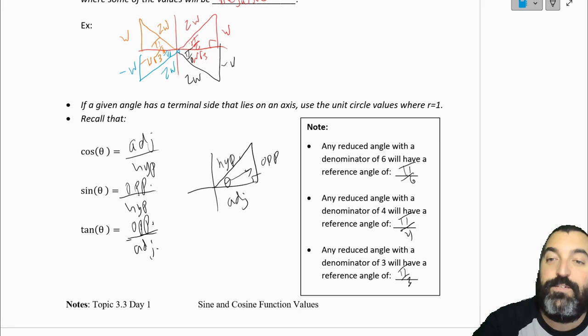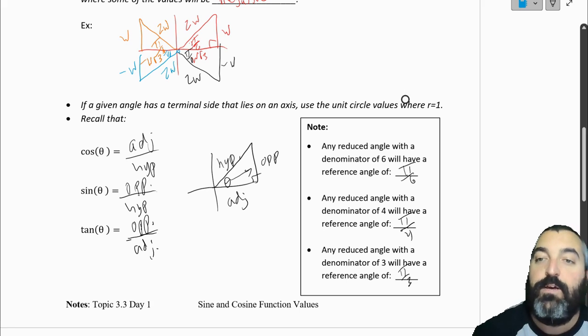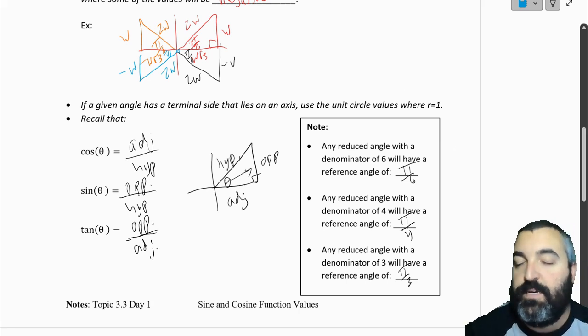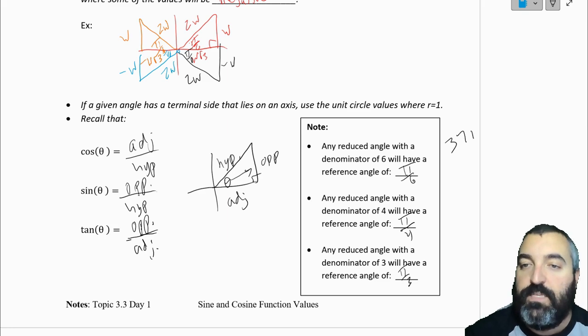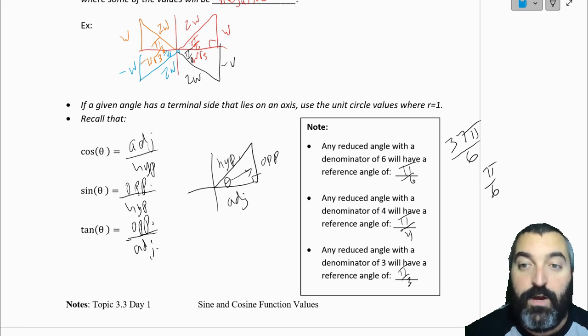This is where radians really shine. It saves us a ton of time, because if I told you something like 37 pi over 6, I already know, because this fraction is reduced, that the reference angle is going to be pi 6. I still have to figure out which quadrant it's in, but I know what my triangle will look like.